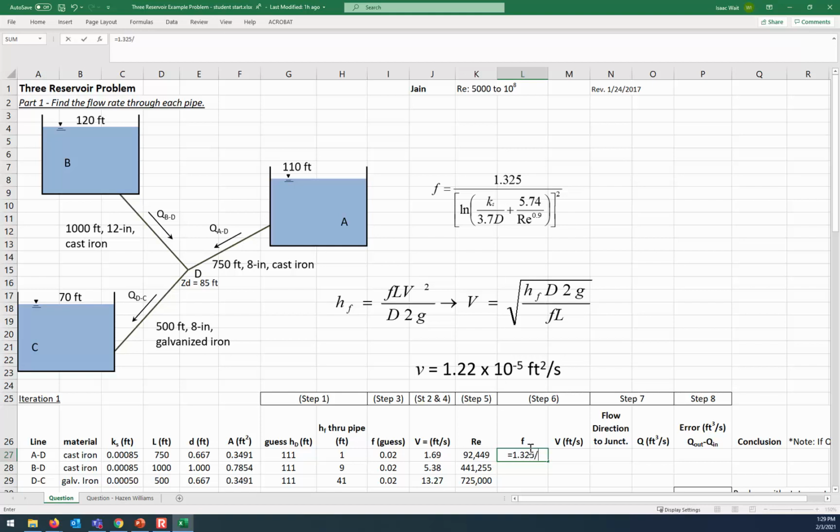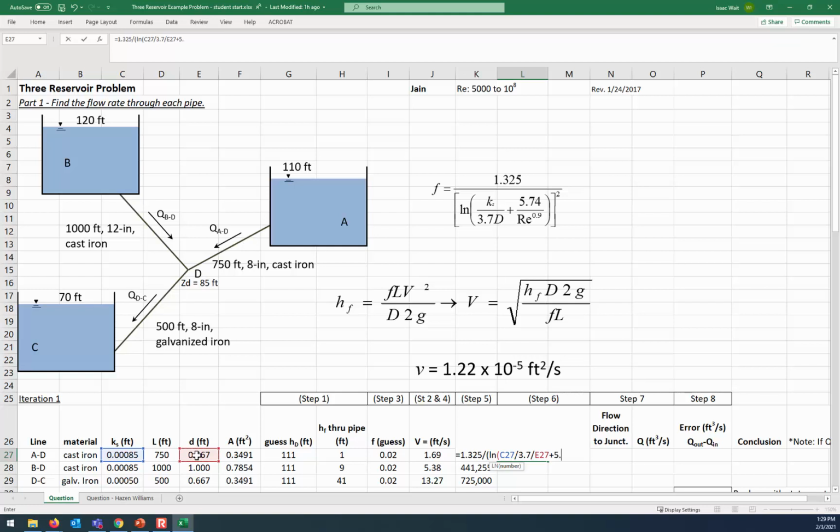1.325 divided by, parentheses, natural log. Okay, so the K sub S is here, divided by 3.7 divided by D. I don't have to use the parentheses necessarily. I could just do the double divide, and it's going to give me the right result.